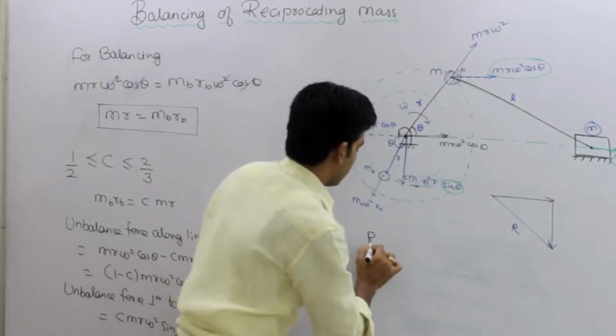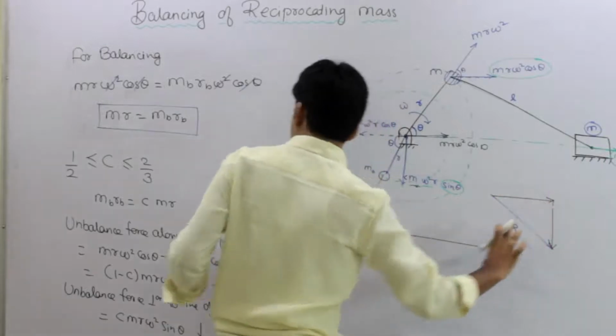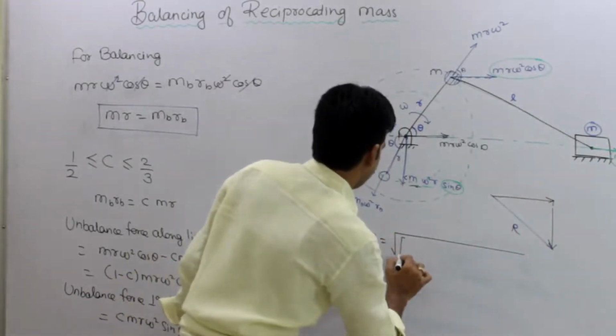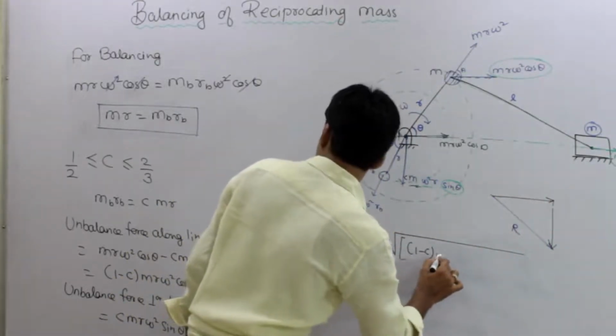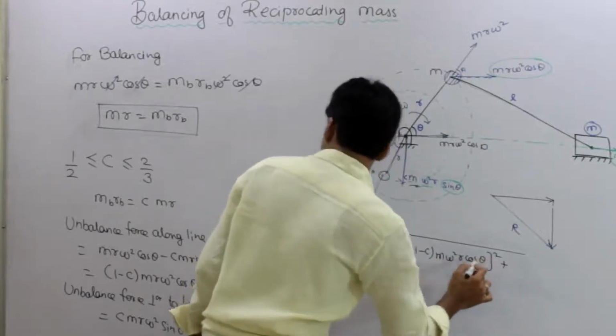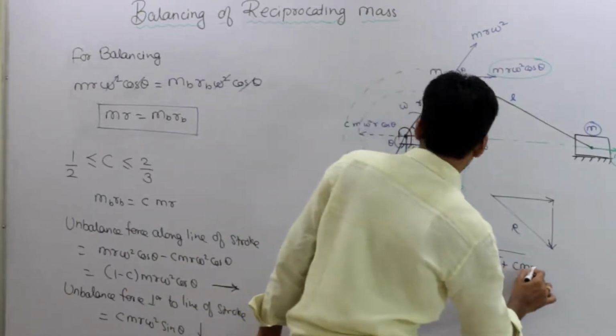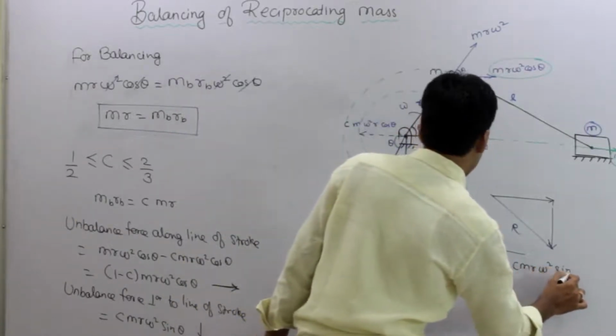So this resultant R, the resultant unbalanced force, will be the square root of this square plus this square. So this will be equal to the square root of ((1 minus c) m omega square r cos theta) whole square plus (c m r omega square sin theta) whole square.